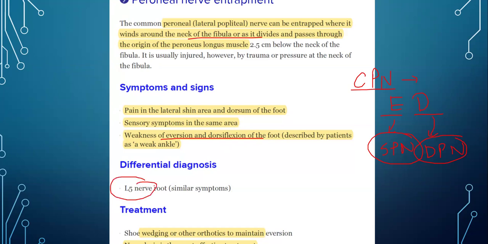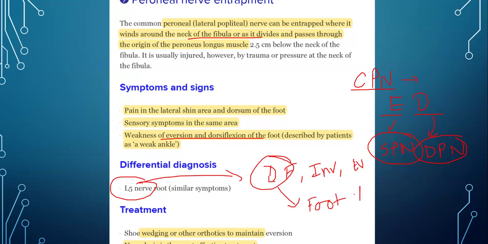The only thing that can get confused with this one is L5 nerve root problem. Because L5, if you remember, also helps with dorsiflexion of the ankle as well as inversion and eversion. So if L5 radiculopathy is the case, that patient also will have foot drop. So how will you differentiate between L5 and CPN?